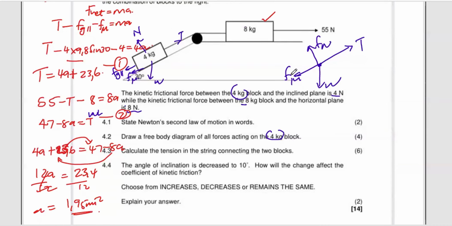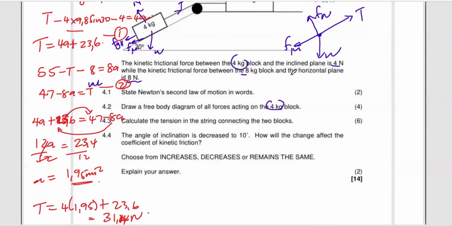Then 4.4, the angle of inclination is now decreased to 10 degrees. How will the change affect the coefficient of kinetic friction? So the coefficient is just going to remain the same.